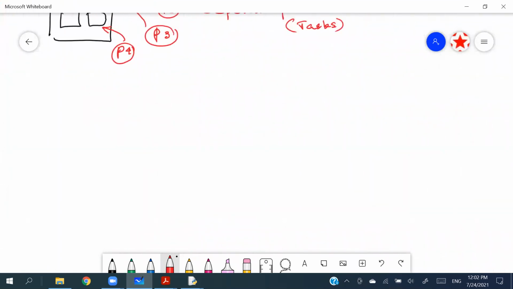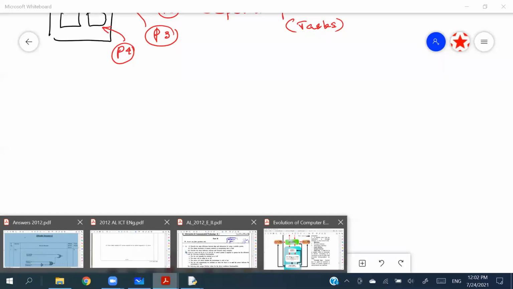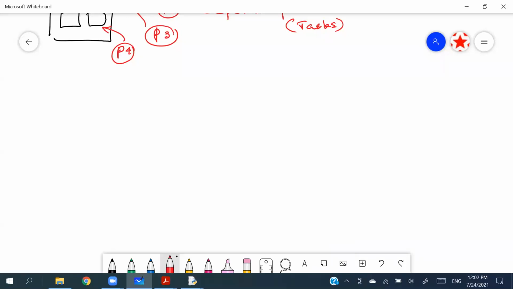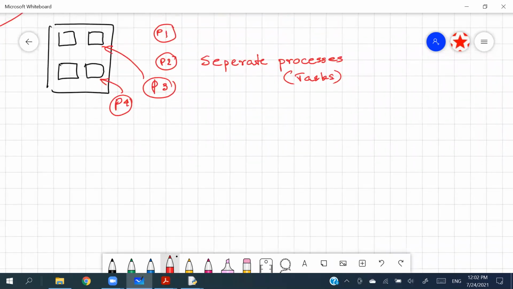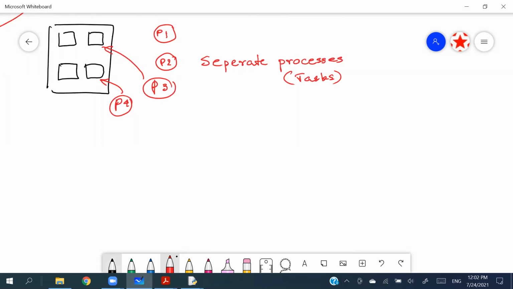Now, this is the thing that von Neumann said. What he was saying is, there are programs installed into the secondary storage, like hard disks, right? So secondary storages are there.